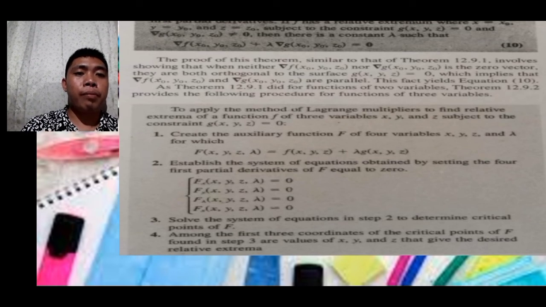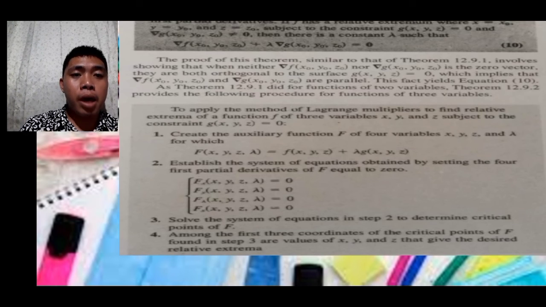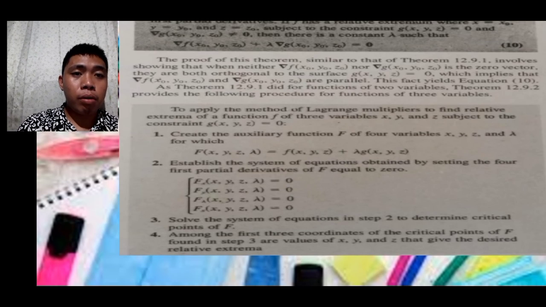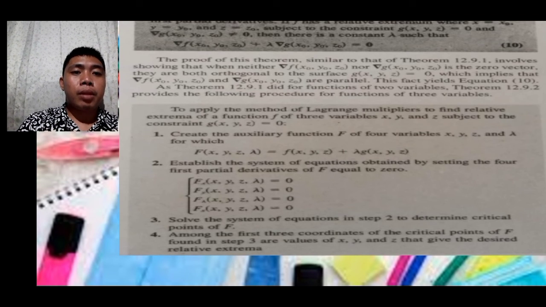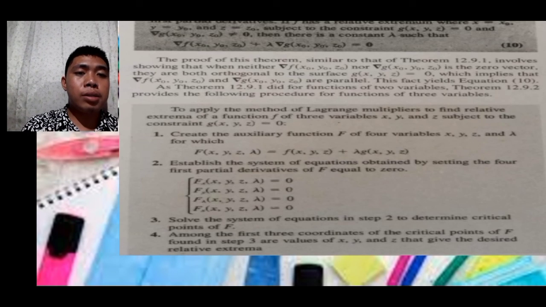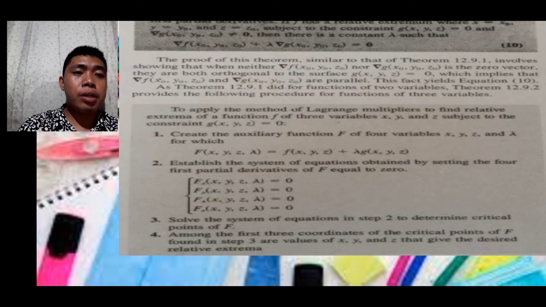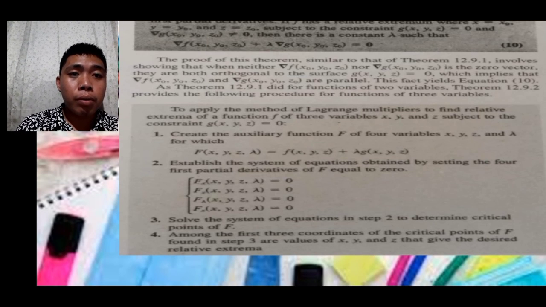equal to 0. F sub x of (x, y, z, lambda) is equal to 0. F sub y of (x, y, z, lambda) is equal to 0. F sub z of (x, y, z, lambda) is equal to 0.